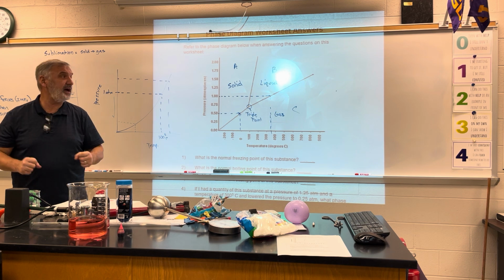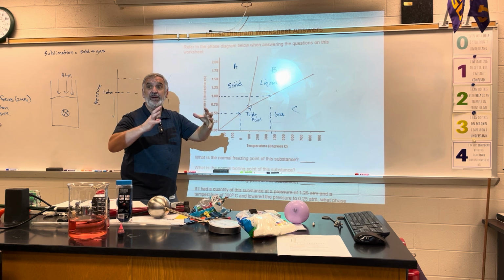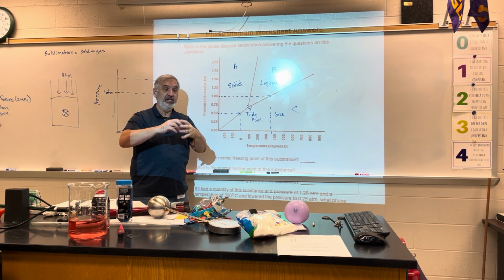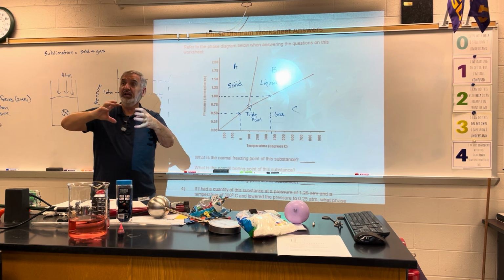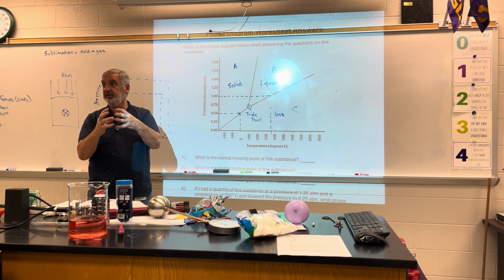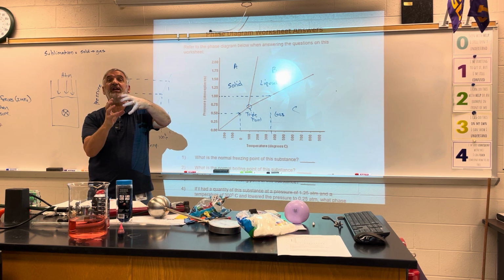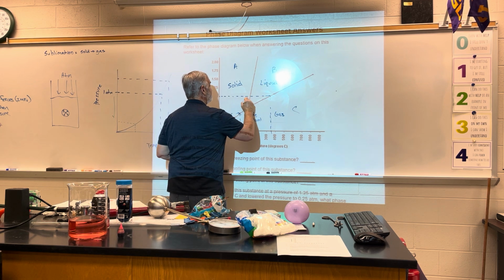Most substances contract. So if I'm increasing the pressure, I'm helping it to solidify, so it can solidify at a higher temperature. I don't have to cool it down as much because I'm pushing it together more, and so it makes it easier. Ice, on the other hand, is different. When you push it together, you're keeping it from freezing. So if it was ice, it's actually going to go that way.